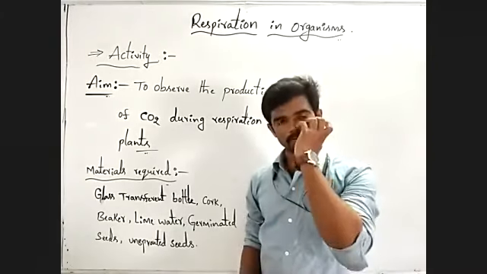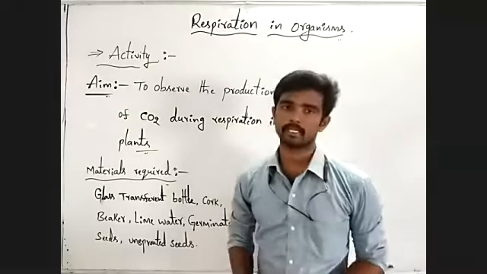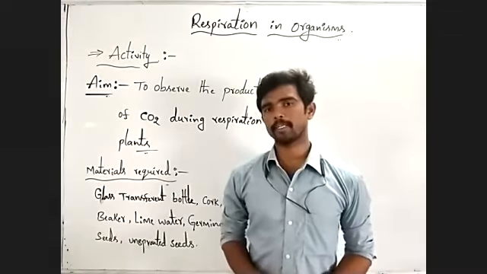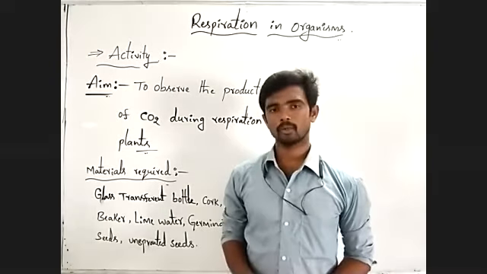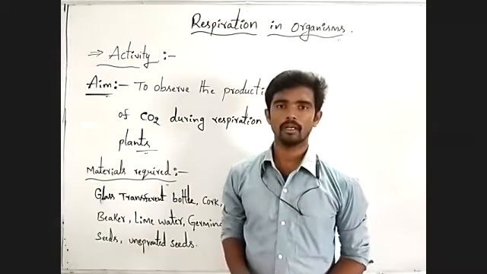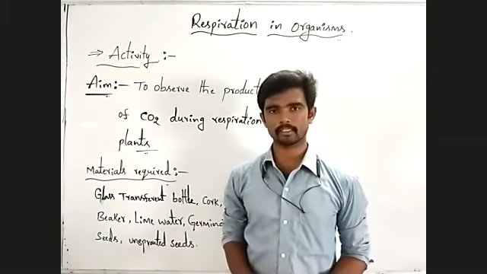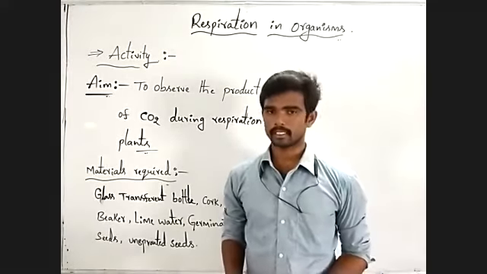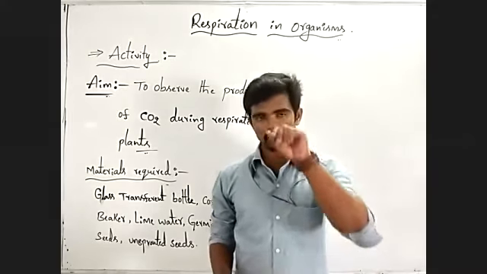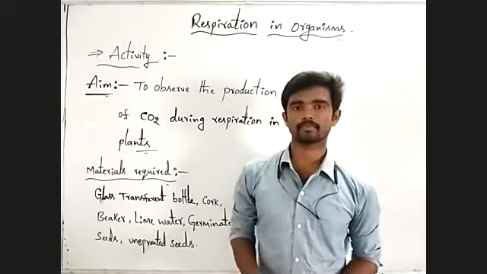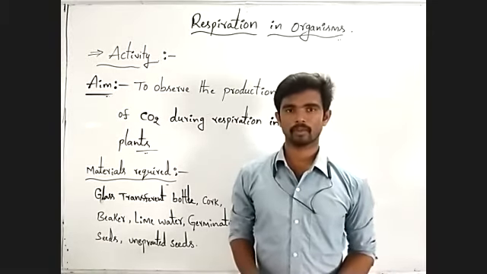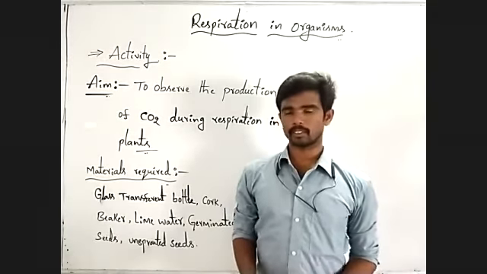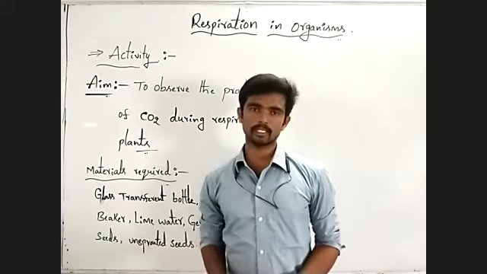Materials required: a glass transparent bottle of 200 ml capacity, a small injection bottle size beaker, lime water, germinated seeds and unsprouted seeds, and a cork to fit the mouth of the glass bottle. These are the important materials required.